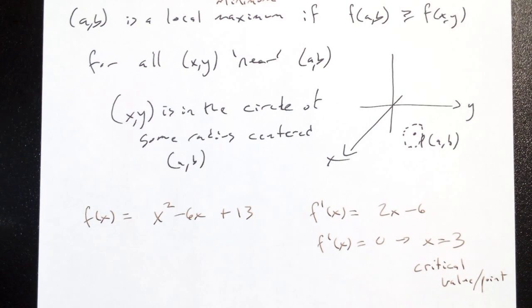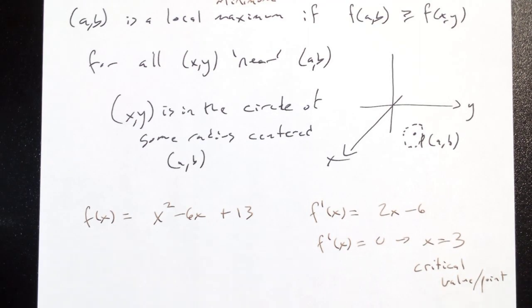On the graph, what did I see on the graph of f of x at that point? In terms of the derivative. The derivative would be equal to 0. The derivative would cross the x-axis there. That's how I found this 3.